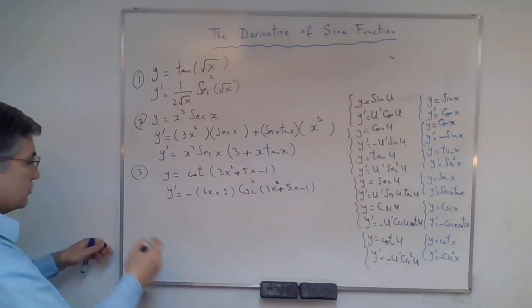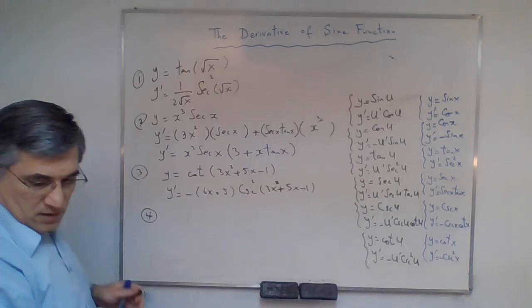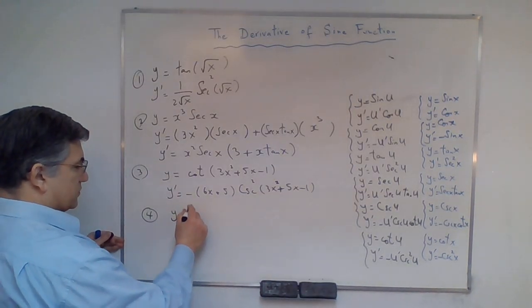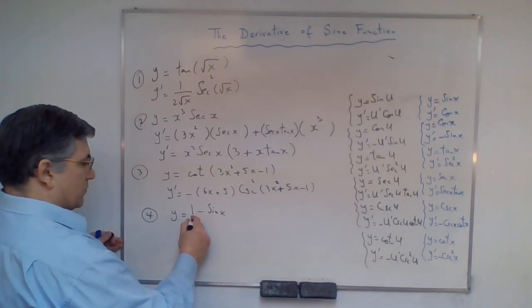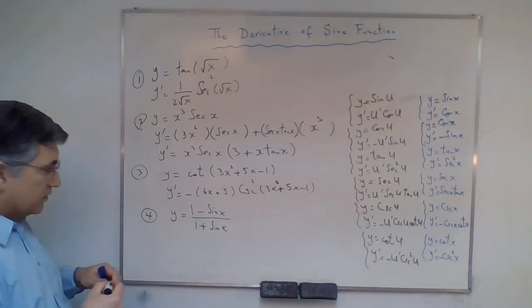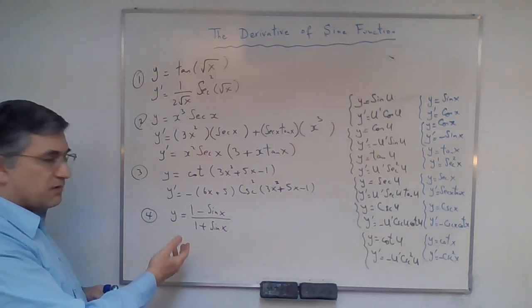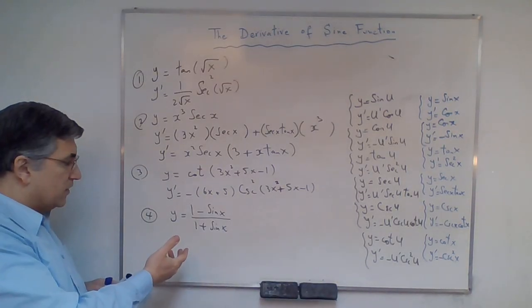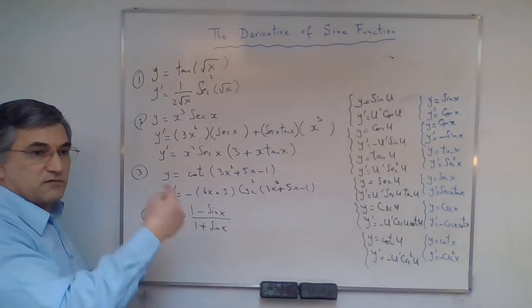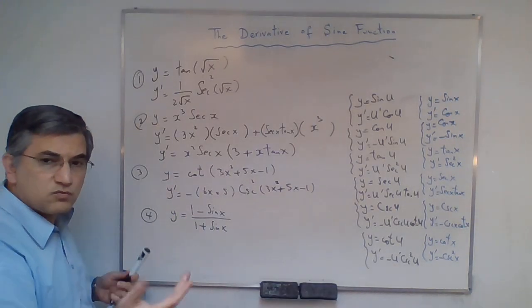More examples? Sure, we can do more examples. Let me see. Y equals 1 minus sine x over 1 plus sine x. Okay, so this is nothing but a quotient, isn't it? So I'm going to apply quotient rule. Derivative of top times bottom minus derivative of bottom times top, divided by the denominator squared.